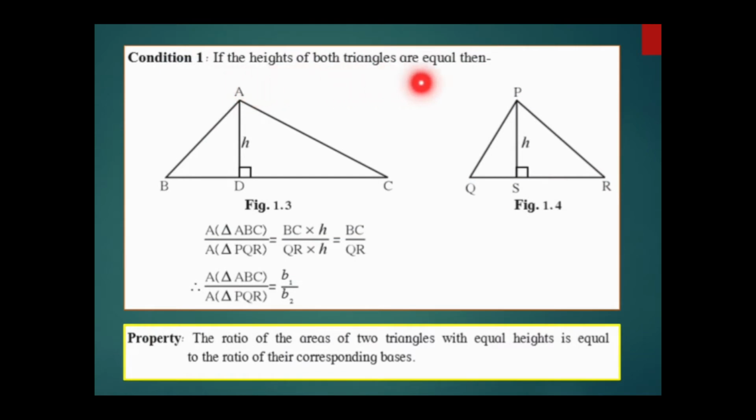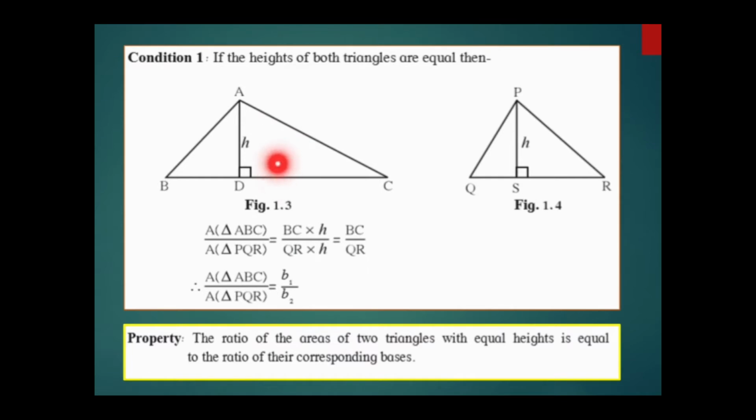If height of both triangles is equal, that we call the first condition. So see these two triangles, triangle ABC and triangle PQR, in which we show height is same.